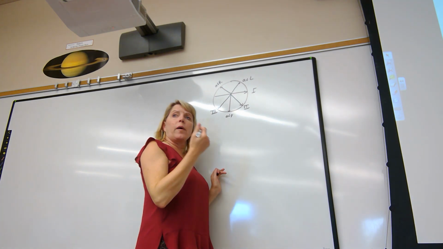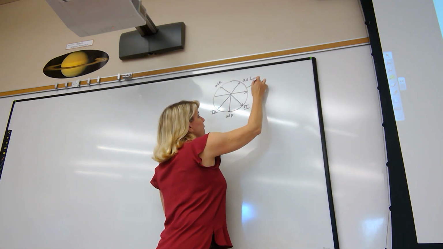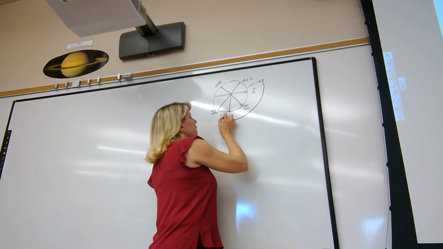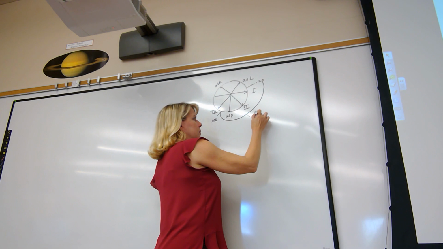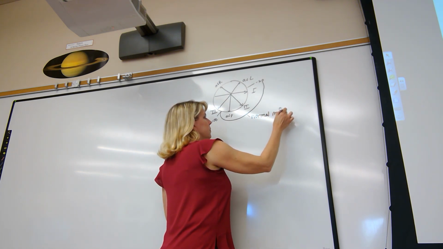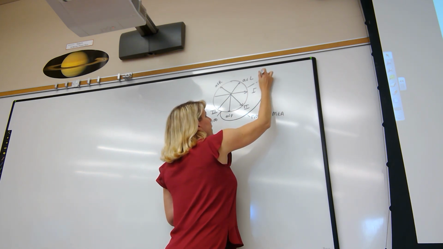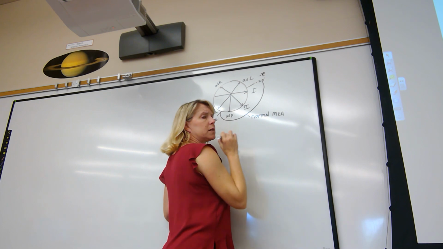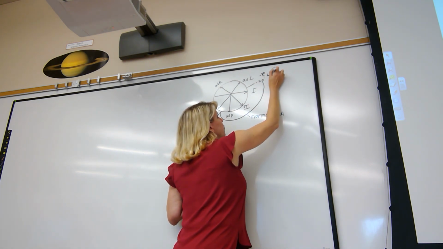Remember that a normal MEA is from -20 to what? Plus 100. That's normal. From -20 to -30, what is that called? A left axial shift.